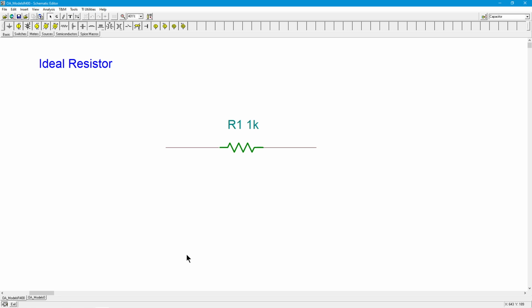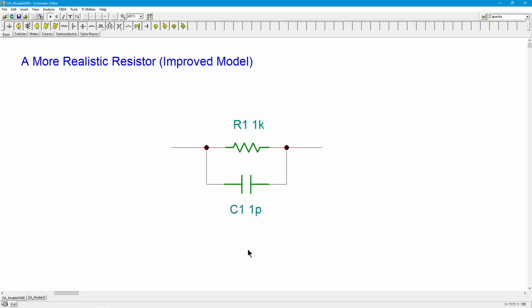There are other effects. A more accurate model, an improved model of the thing that you're holding in lab, would be something like this. There is a finite amount of capacitance associated across this resistor. How much is it? Well, it depends on the construction of the resistor.